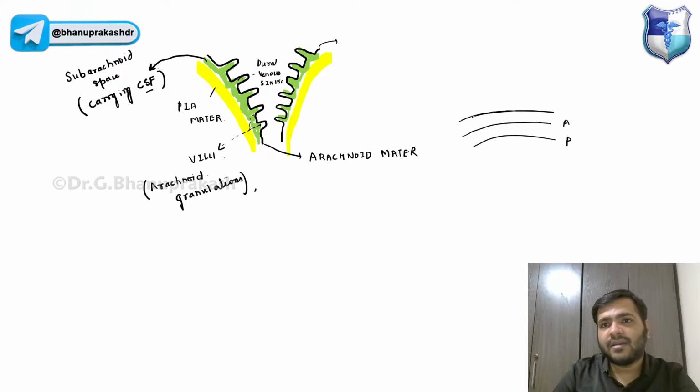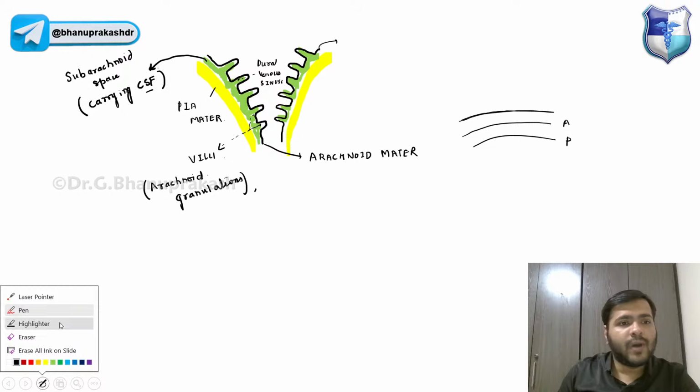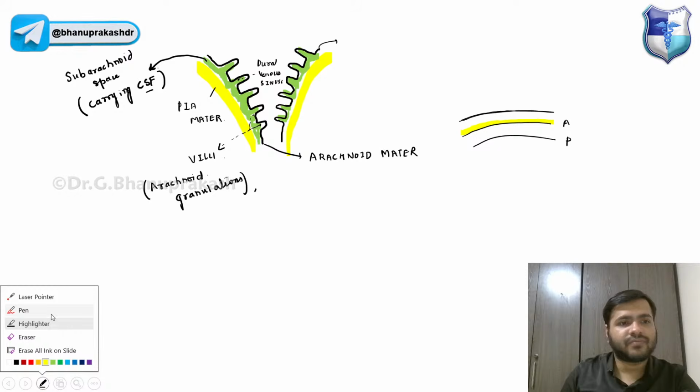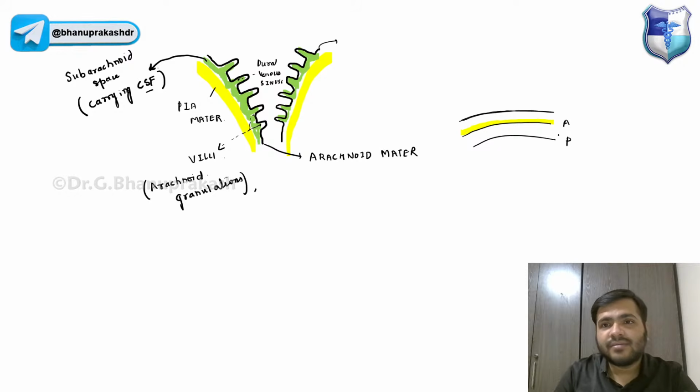This dura matter has one layer which is adherent to it. The dura matter has two layers, guys: the inner meningeal layer and the outer endosteal layer.